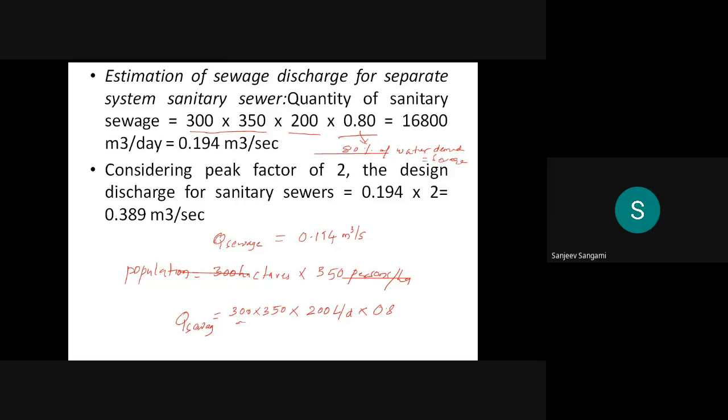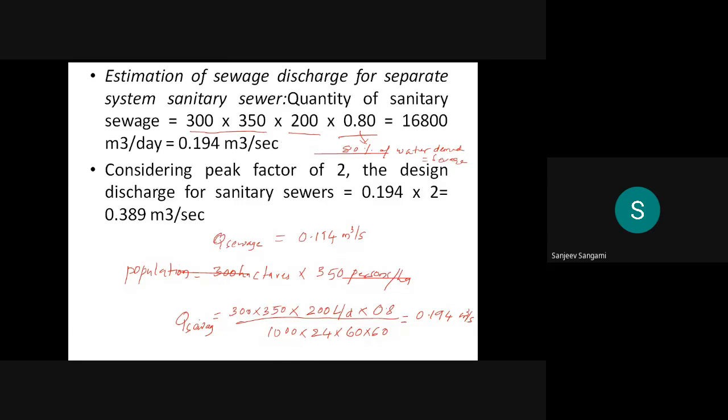If you want to convert that into meter cube per second, what you have to do is divide by 1000 into 24 into 60 into 60. Then you will get 0.194.